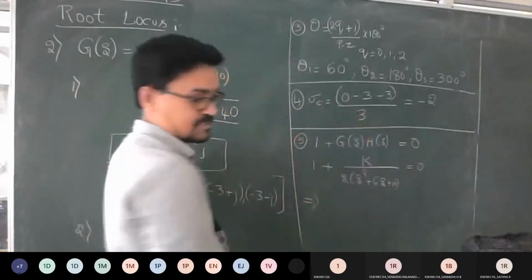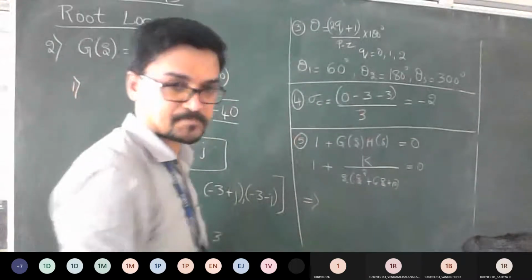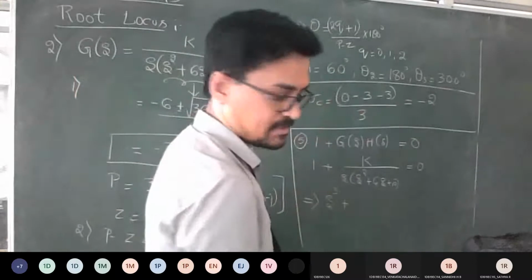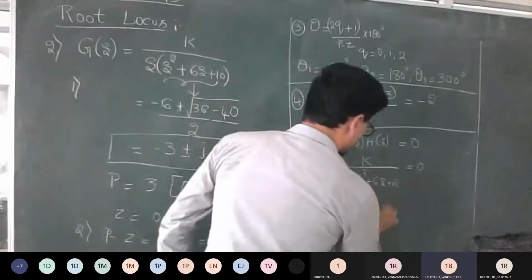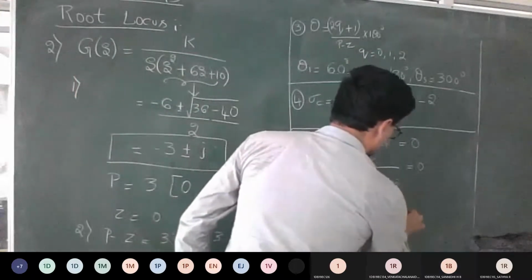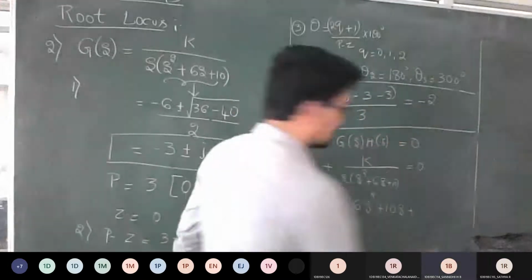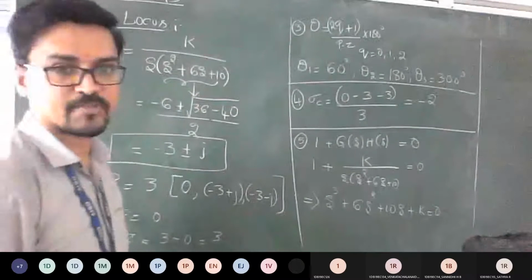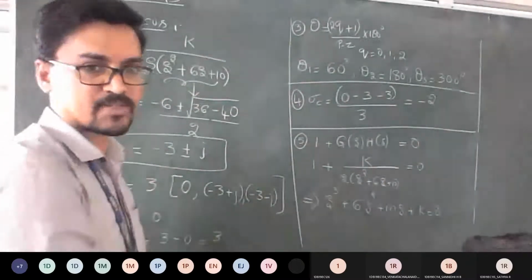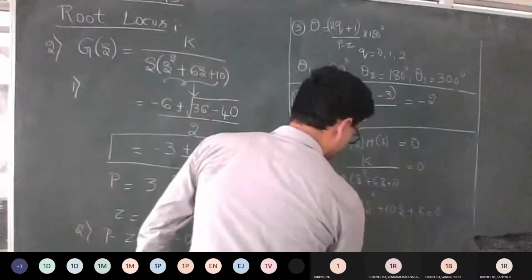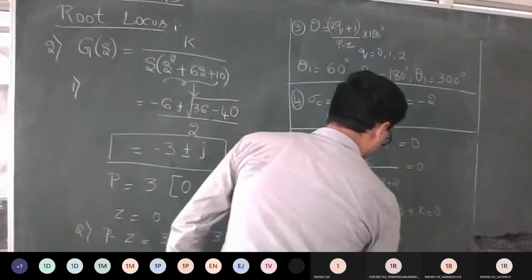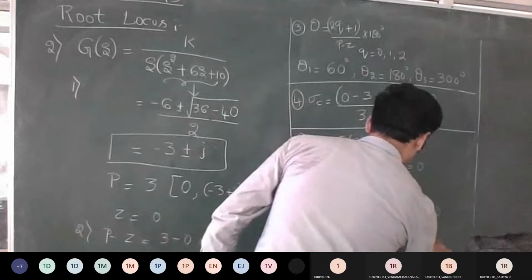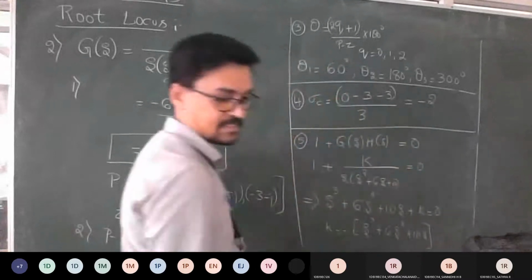From this simplified expression: s cube plus 6s square plus 10s plus k equals 0. From this I want only k, the remaining terms towards your RHS. So k is equal to minus of s cube plus 6s square plus 10s.